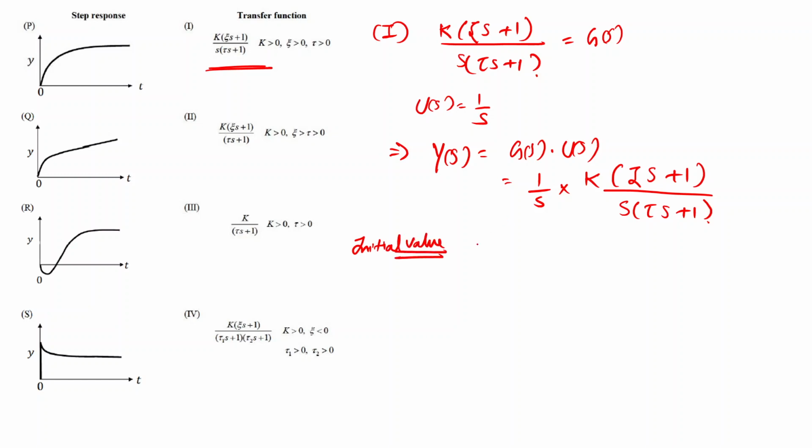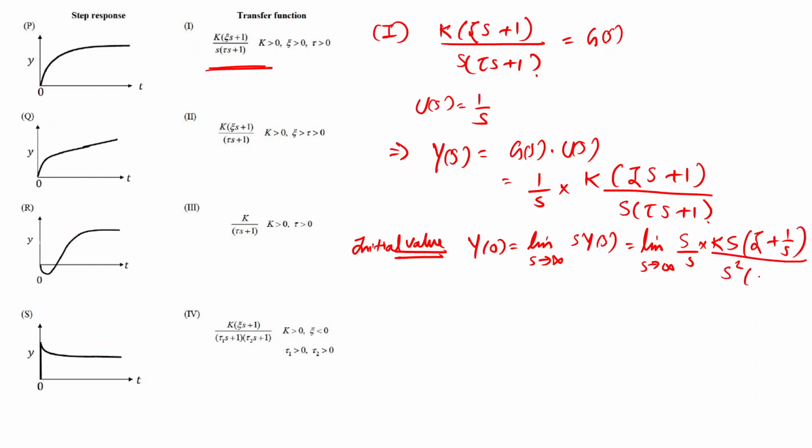So let's just use the initial value theorem to find the initial value of this transfer function. According to the initial value theorem, y of 0 is limit s tends to infinity s times y of s. So that will become limit s tends to infinity s upon s into k. Now from this term we will be taking s common. It is (zeta plus 1 upon s) upon s squared (tau plus 1 upon s). So this will get cancelled out.